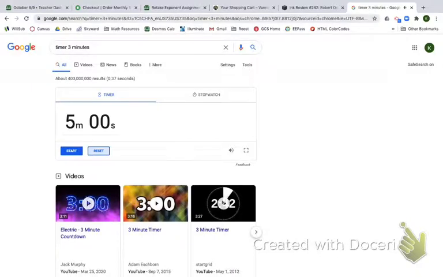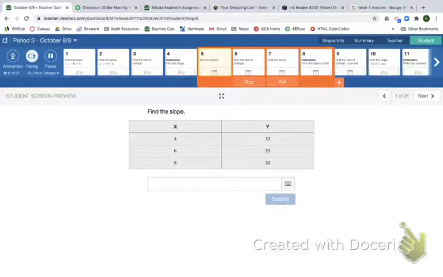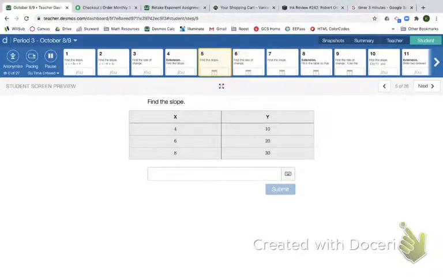All right, so you should have done problems 5 through 6. So the slope for the first problem, number 5, is actually going to be 10 over 2, which reduces down to 5 over 1, which is equal to 5.